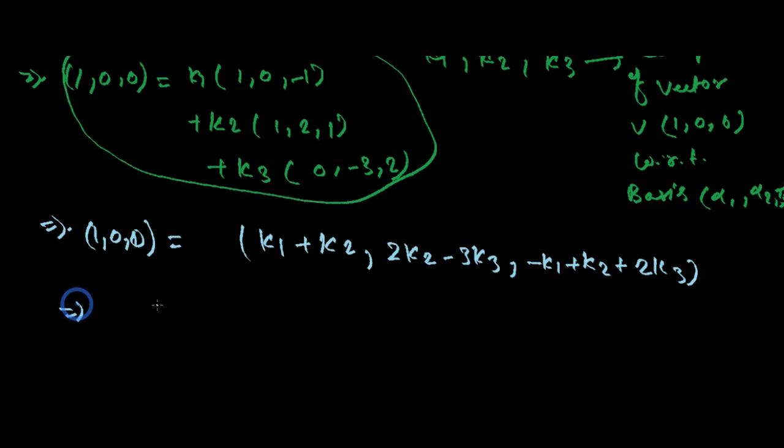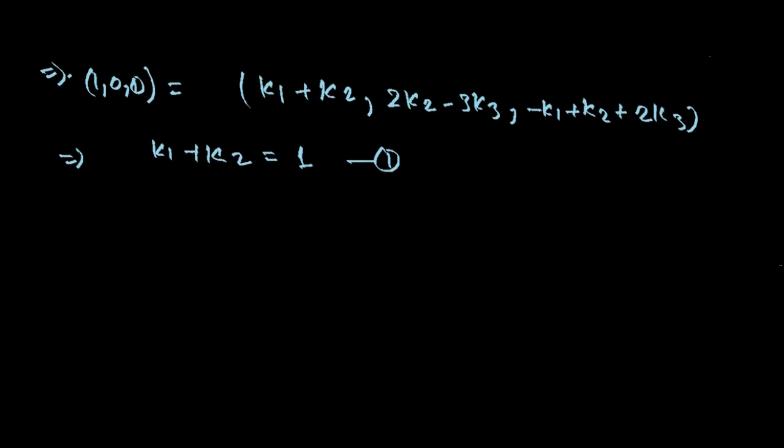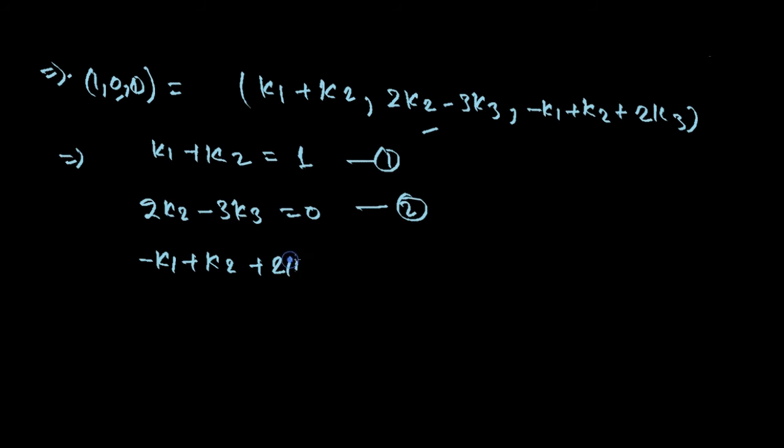It means that K1 plus K2 equals 1. This is the first equation, so we are comparing the coordinates. And 2K2 minus 3K3 equals 0. This is the second equation, by comparing the second coordinate. Then minus K1 plus K2 plus 2K3 equals again 0. This is the third equation.